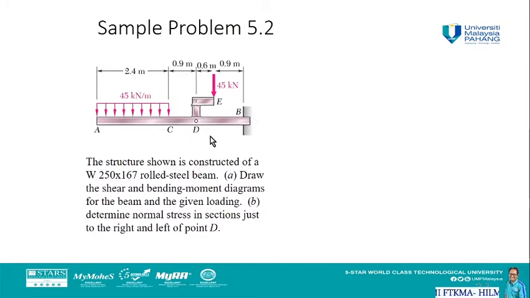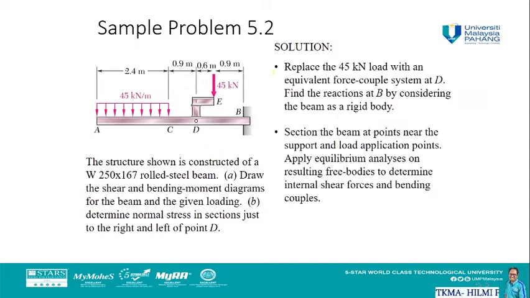So the strategy would be to first replace this 45 kilonewton load with an equivalent force at point D. So this force 40 kilonewton is going to also induce force and moment.